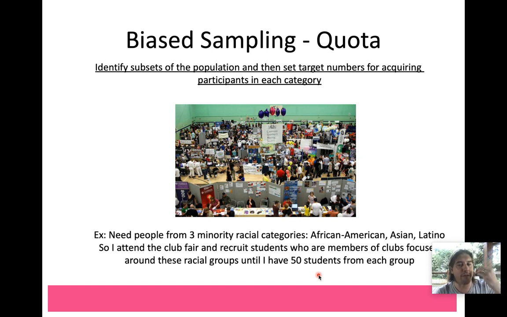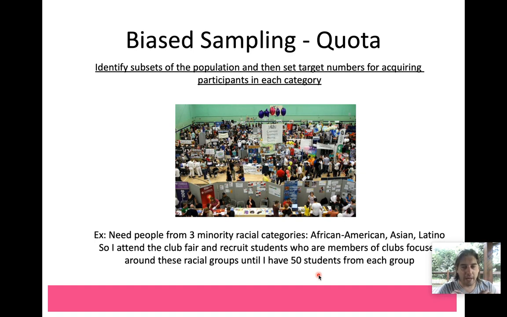This is by definition not representative of the population. So it's biased. But again, I might not care about that as the researcher. My research goal might be to gather data on these particular types of students. I don't care that it's not representative.